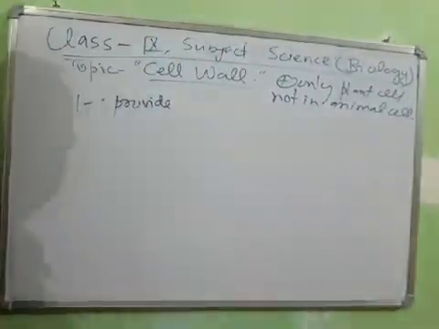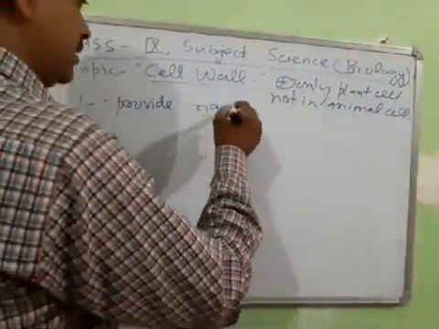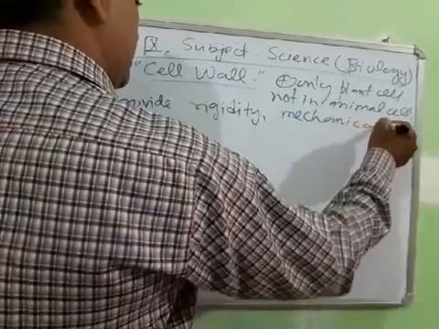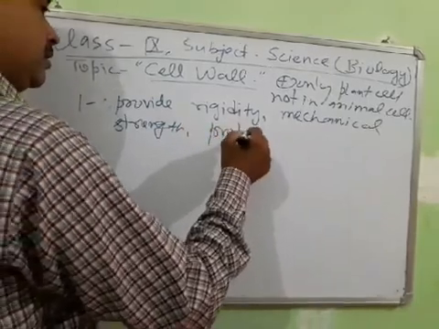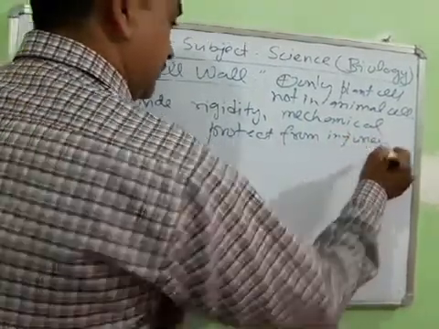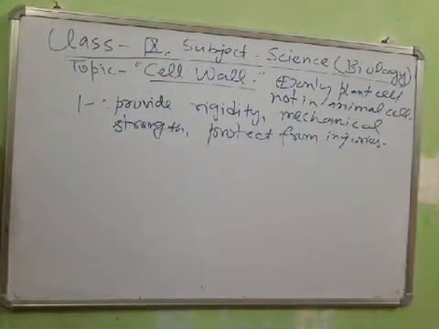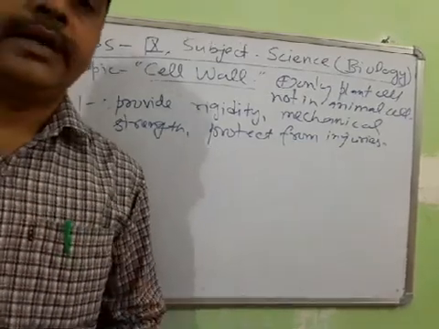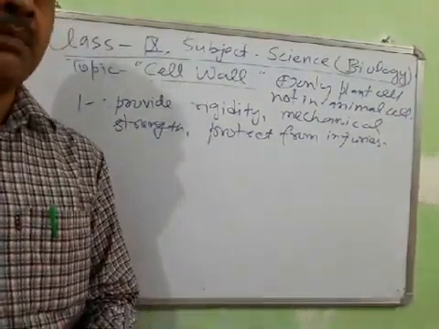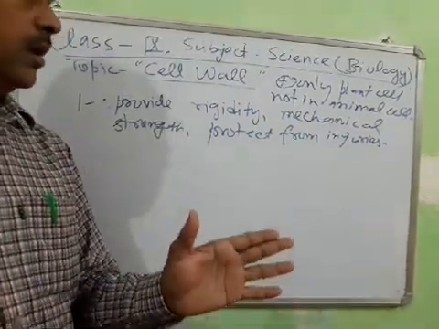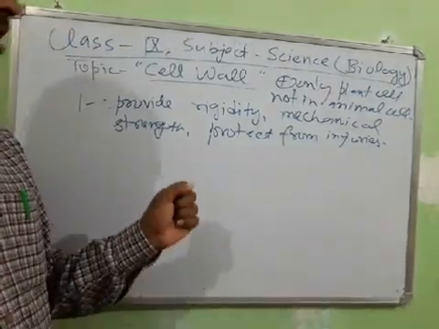First of all, it provides rigidity and mechanical strength, protects from injuries, and also gives the way to the semi-permeable membrane, because a semi-permeable membrane is also found just below the cell wall.